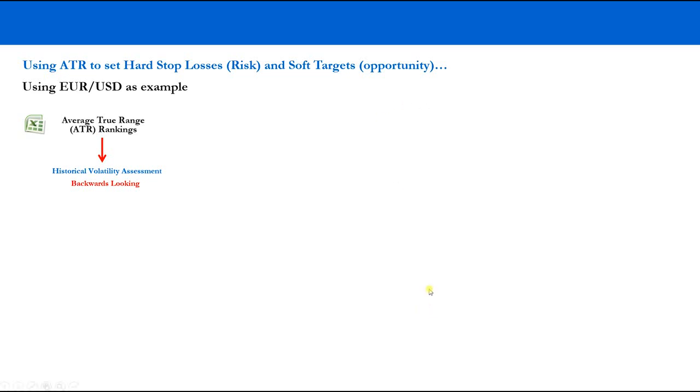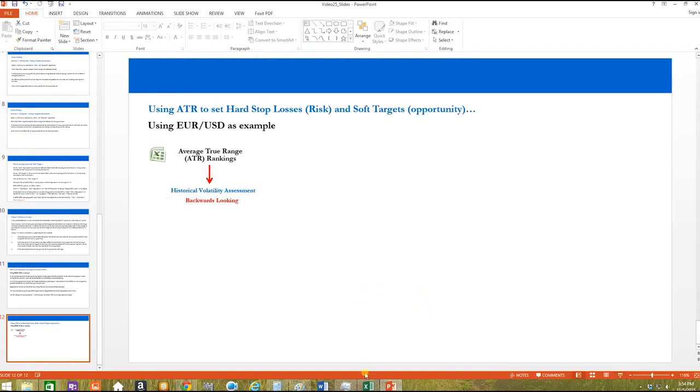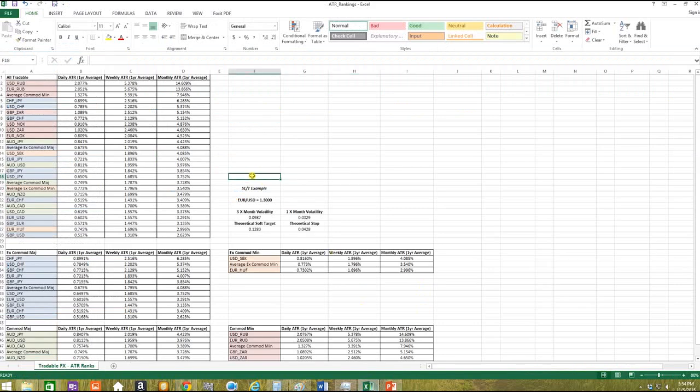So let's go over to the spreadsheet, ATR rankings. And if you recall, we had our entire tradable set with our daily, weekly, and monthly rolling ATR numbers, and we had them ranked.